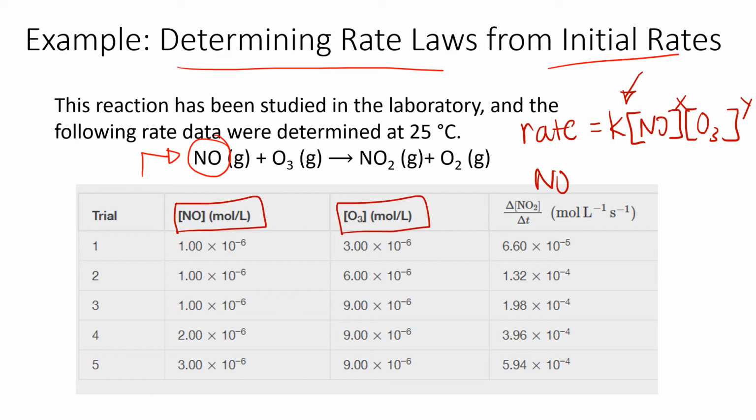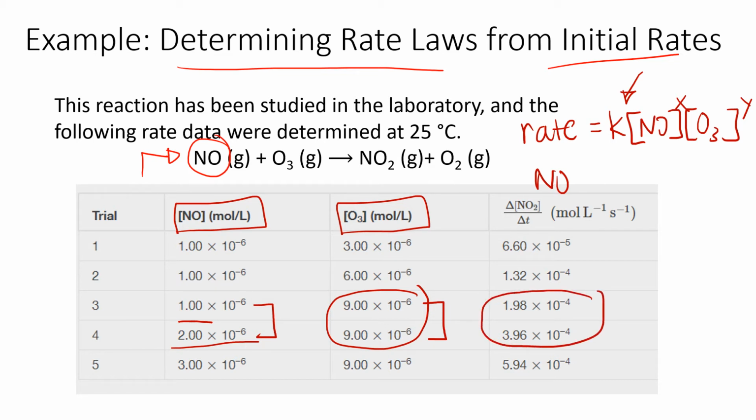So for example, and you can pretty much spot it pretty quickly once you get familiar with these problems, in trial 3 and 4, NO is essentially doubling, right? It's going from 1 times 10 to the negative 6 to 2 times 10 to the negative 6. It's doubling. But O3 is staying constant. It stays the same, 9 times 10 to the negative 6. And the rates are changing.